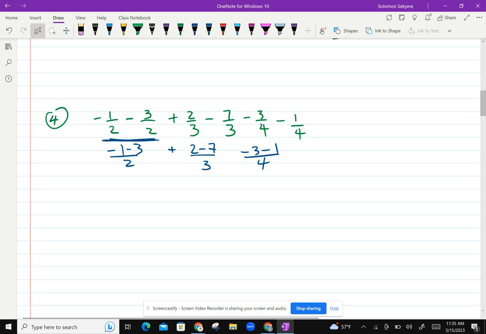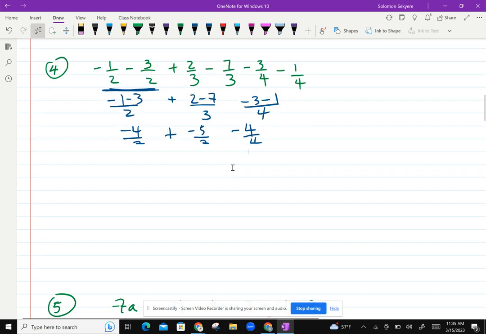Negative 1 minus 3 is negative 4 over 2 plus negative 5 over 3 minus 4 over 4. Okay, negative 4 over 2, this is negative 2. Negative 4 over 4 is negative 1.